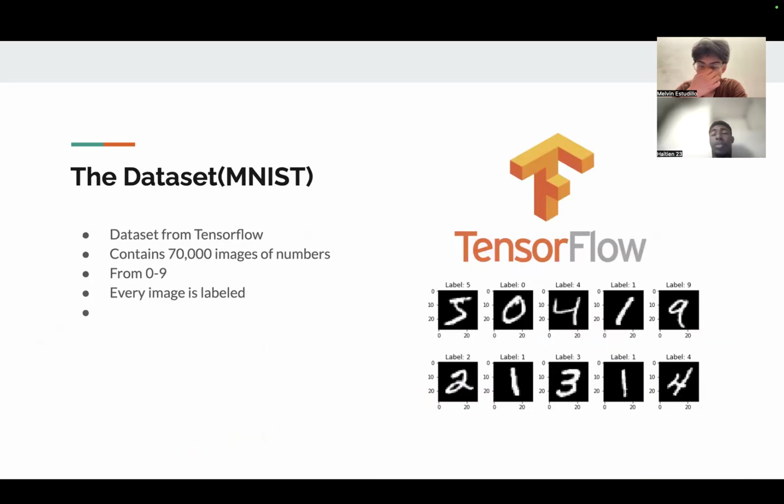So the dataset that we're going to use in order to implement this image classification is called the MNIST dataset. It's a dataset that originates from TensorFlow, which contains a total of roughly 70,000 images of digits ranging from 0 to 9.